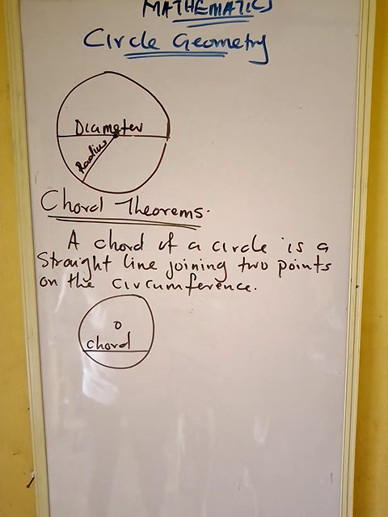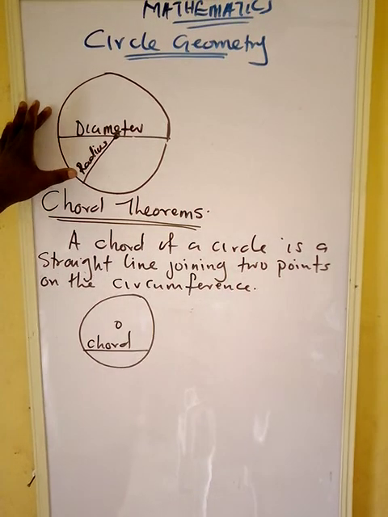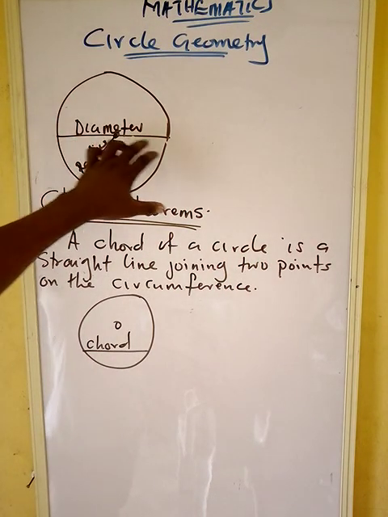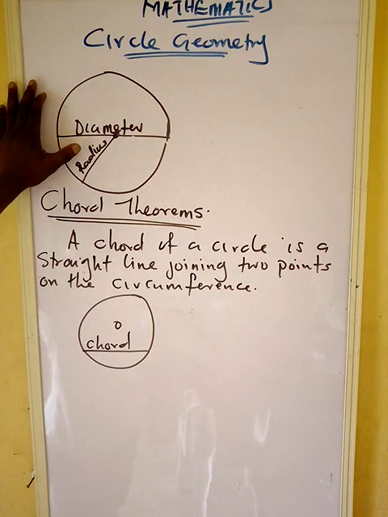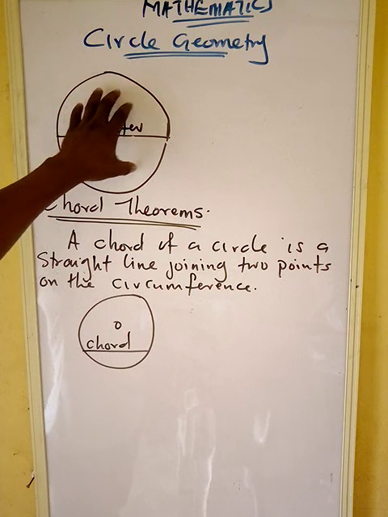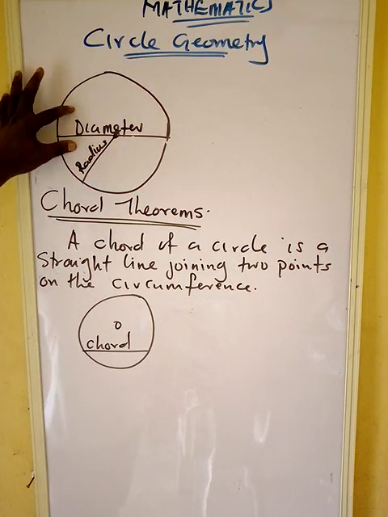Circle theorem. If you look at the board, we draw a circle here, and a line dividing the circle into two equal parts. We call it a diameter. A line dividing the circle into two equal parts is a diameter.